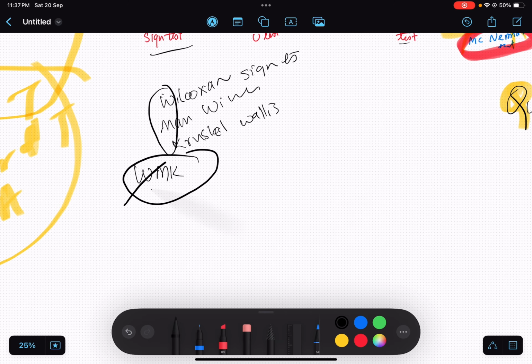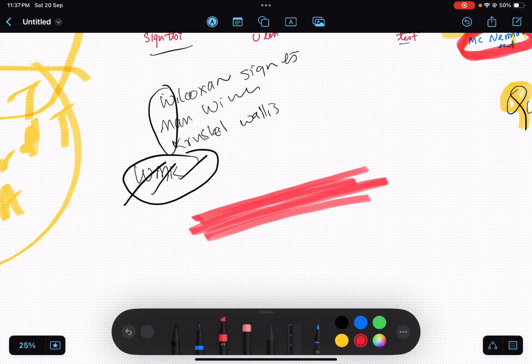Look at this: Kruskal-Wallis test, W is there.